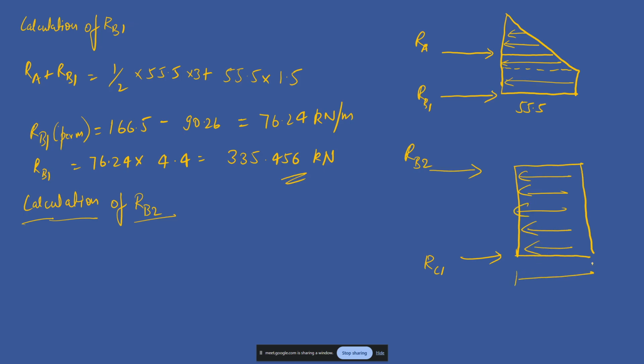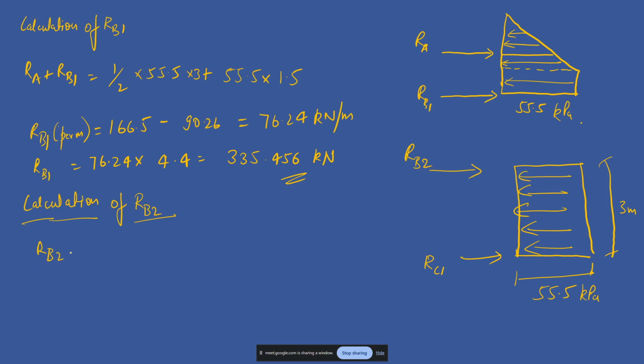This length is 55.5 kilopascal. Here also I'll put kilopascal. The total height is 3 meter, right? So now it's simple. Some part is taken by RB2, some part is taken by RC1 for this pressure diagram. We are assuming that both RB2 and RC1 are taking equal loads.